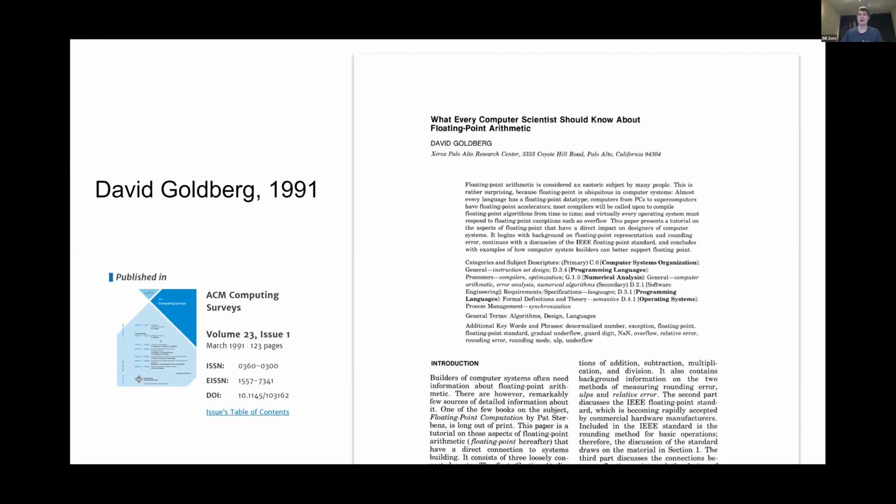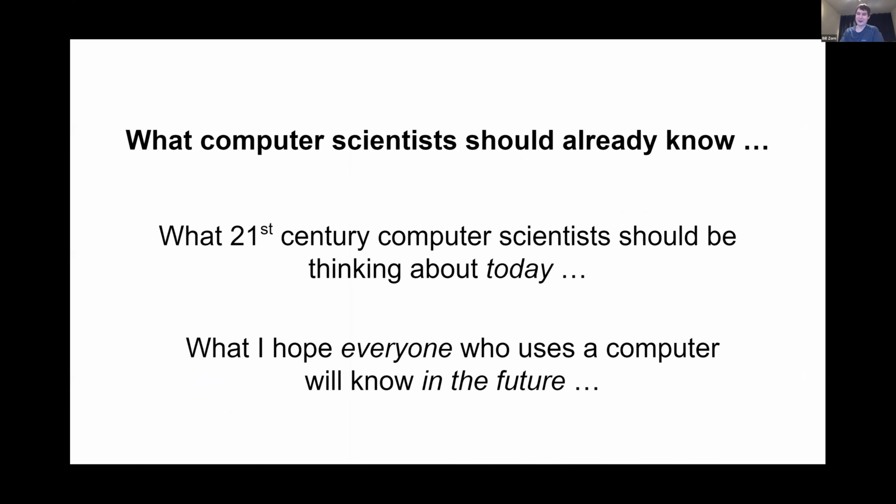So this is sort of like my updated summary. What do I think? What's different now compared to how we were thinking about floating point back in 1991, which was an astonishingly closer date to when IEEE 754 was published than it is to today. So I'll sort of break this talk into three rough pieces.